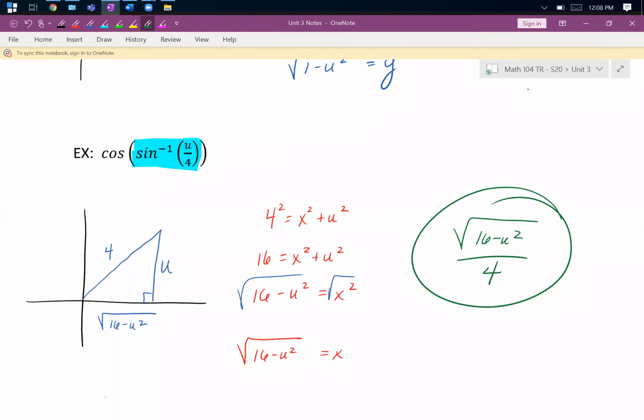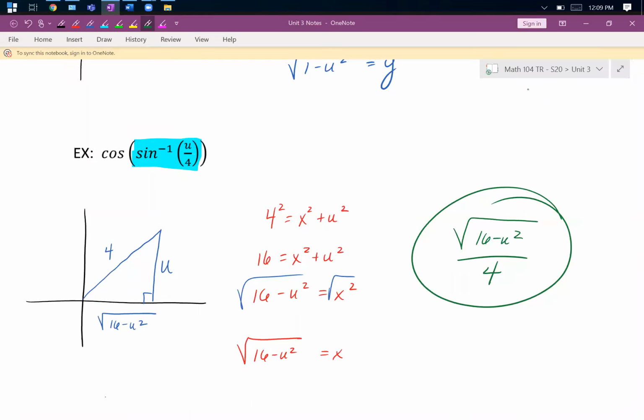All right, so I started with my inverse sine of U over 4 to develop a triangle. U is positive, 4 is positive, so I knew my triangle has to be in the first quadrant. SOHCAHTOA tells me that sine is opposite over hypotenuse, so I labeled my opposite and hypotenuse sides.